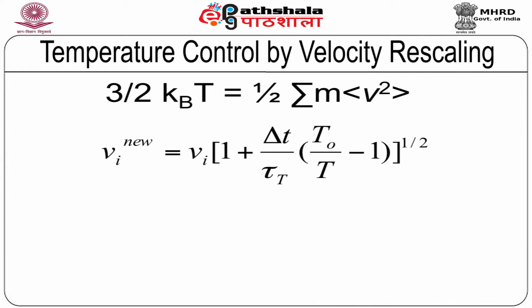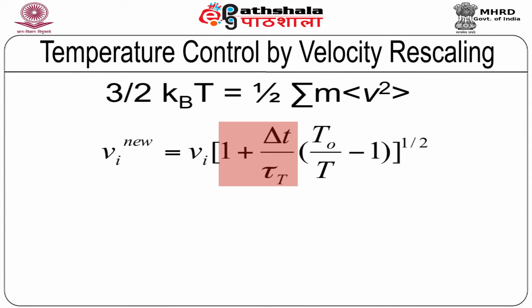Similarly, during simulation, if my target temperature is 300 but I calculate the temperature to be 400 or 500 because of the velocities, my atoms have started moving at high velocity. In that case, this is 300 and this is 400, so this will be something smaller than 1, and so minus 1, that means this part will be negative.